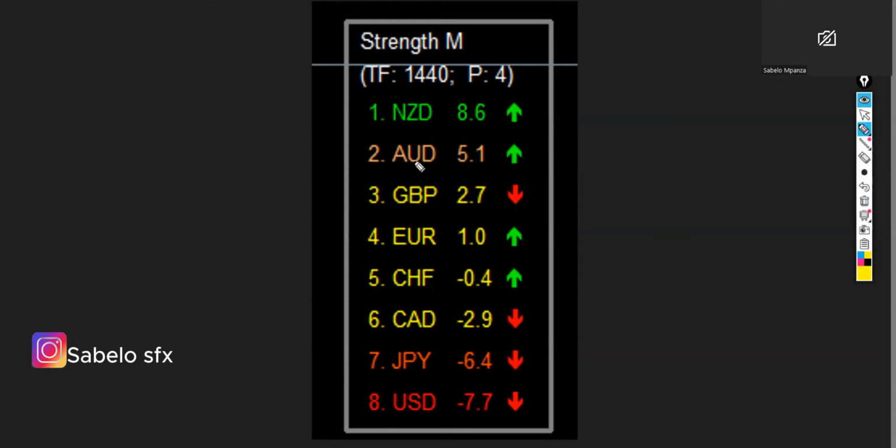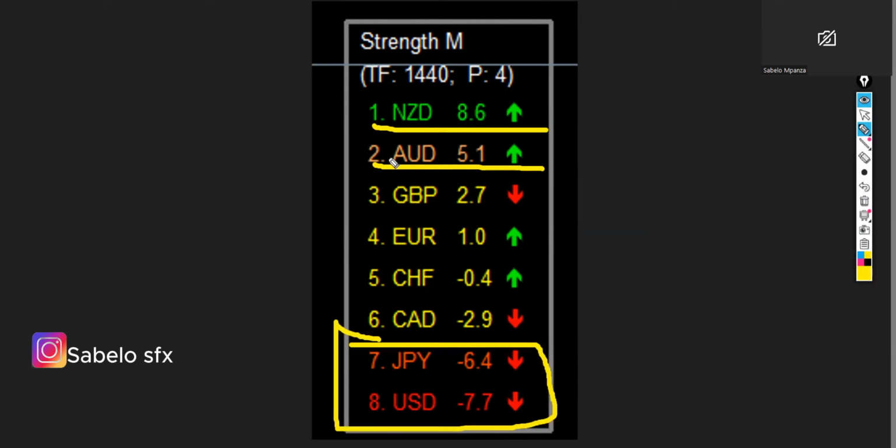So in this case we have AUD and NZD, which are positive, which are pushing to the upside. We need to buy those currencies, but we don't buy against each other. We're going to buy NZD, and also we're going to buy AUD against the weak currencies.